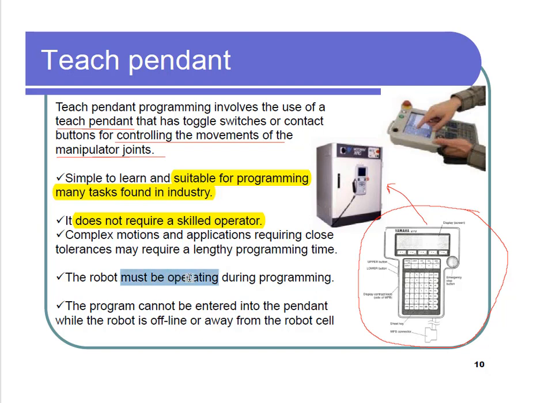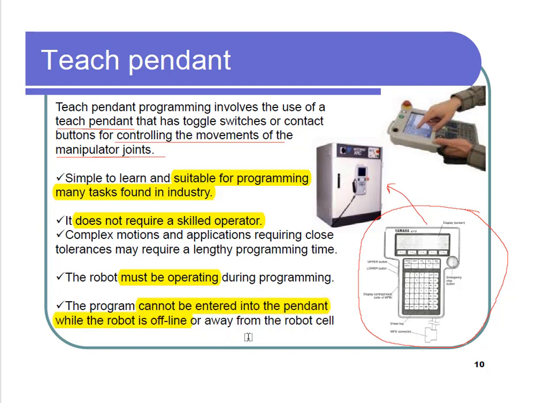So whenever you are using a teach pendant, the robot arm must be alive, meaning that it can move directly whenever you touch any button on the teach pendant. The program cannot be entered into the pendant while the robot is offline or away from the robot cell.